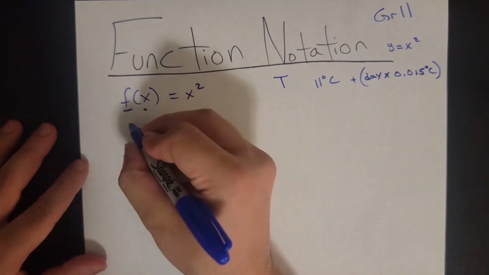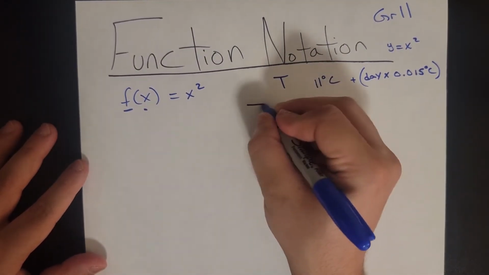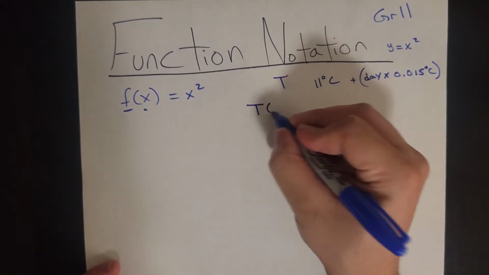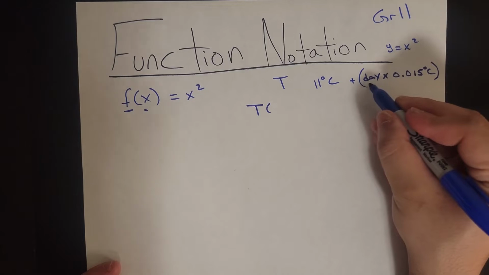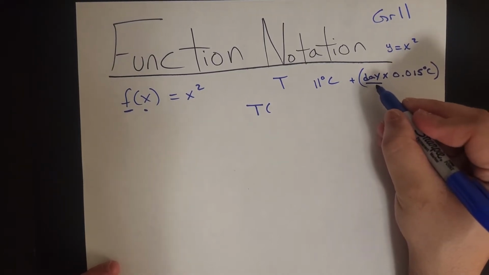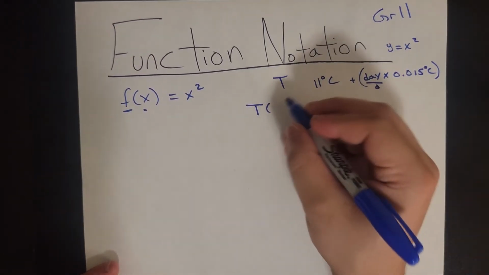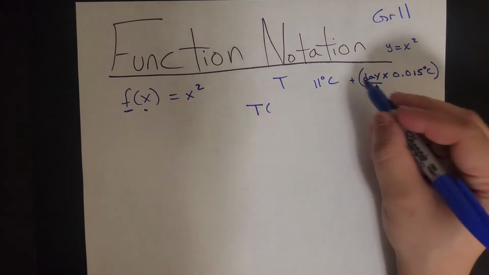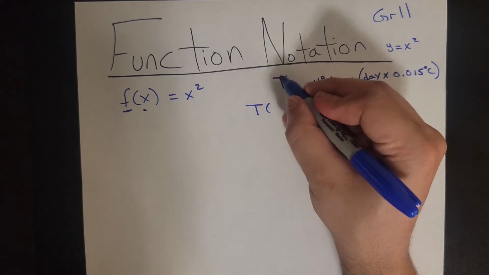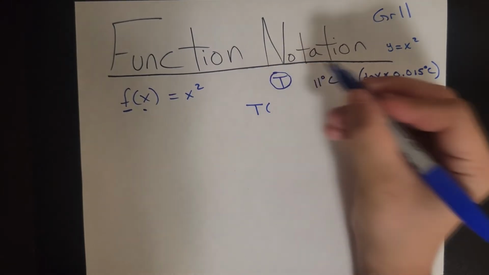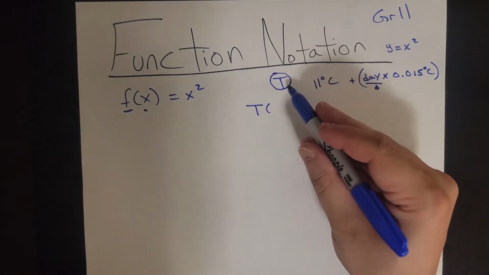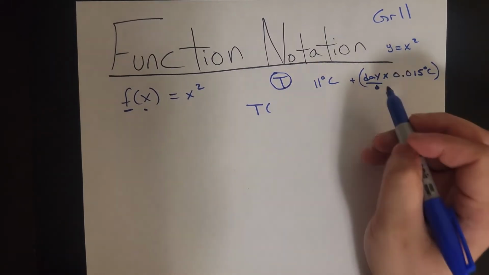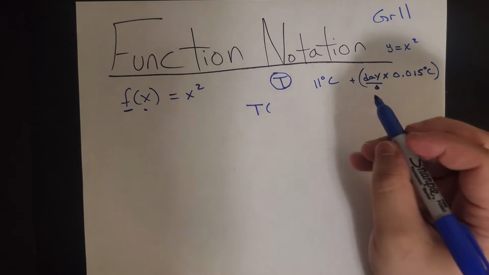So let's write that out. Let's write t of, and let's pretend like day is a letter d. So d is our independent variable that can change. It doesn't depend on anything. But the value of t does depend on d. That's why this is the dependent variable and that's the independent variable.